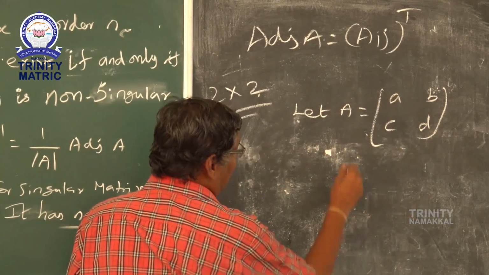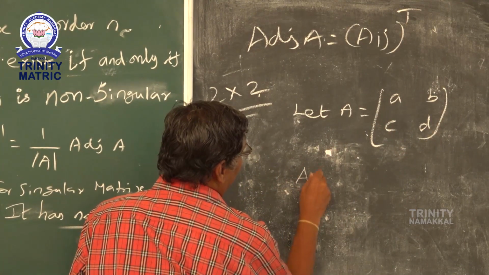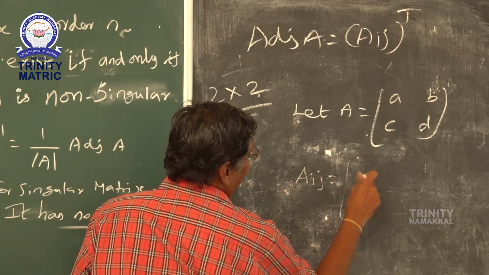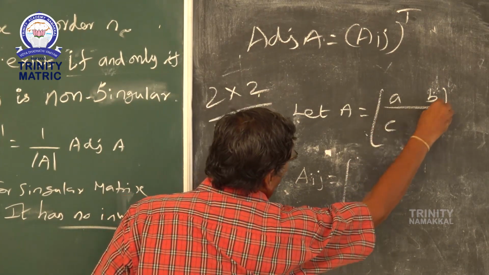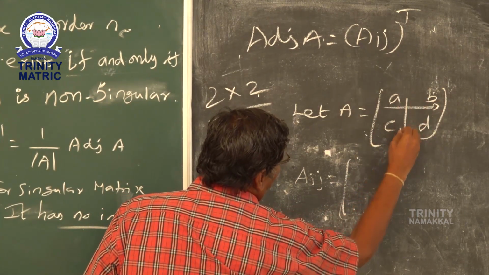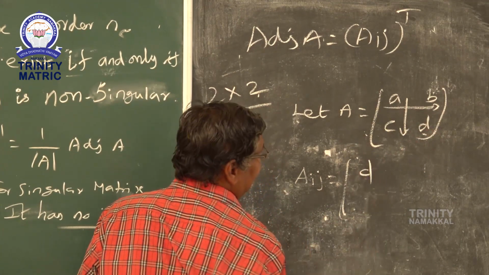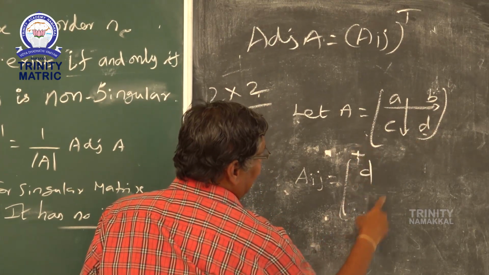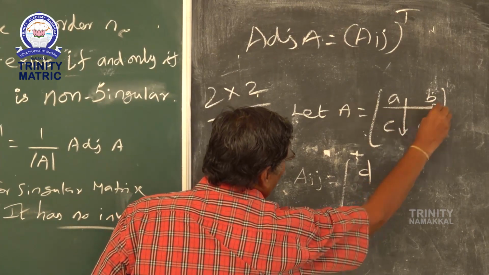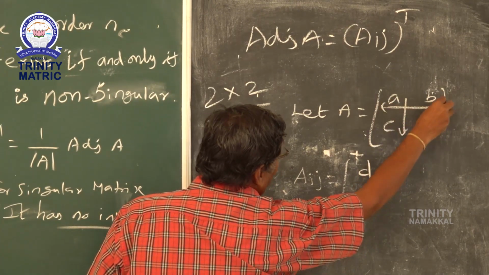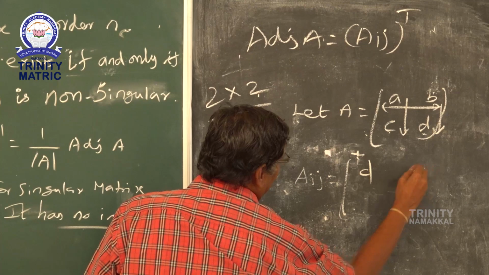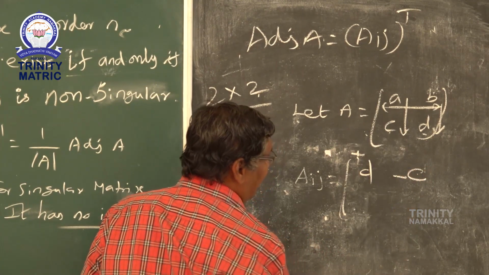What is adjoint A? We have to find the cofactor matrix. We leave the first row and first column, then the element is d, with a plus sign. Next, we leave this row and column, then we put the element c, but along with the minus sign.